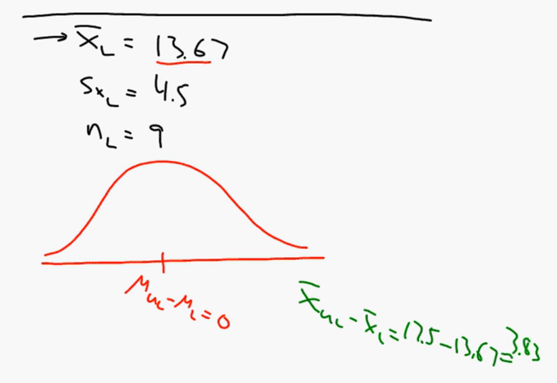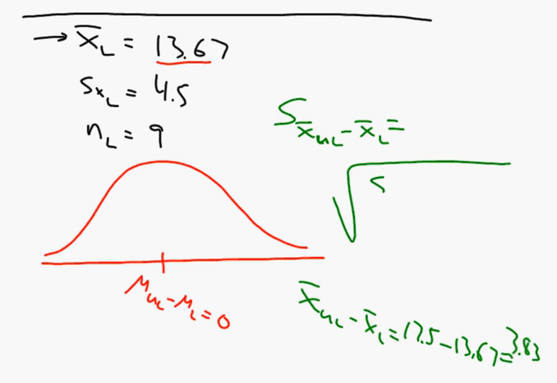Well, to do that, we need the standard deviation of x bar unlogged minus x bar logged. And all we need to remember now is from what we learned about random variables, and that is you can't add standard deviations, you can't subtract them, you can only add variances. So this thing's going to equal the square root of s unlogged squared over n plus s logged squared over n.